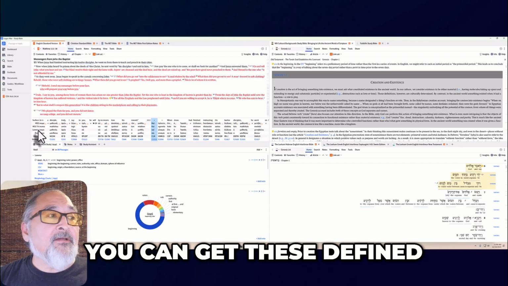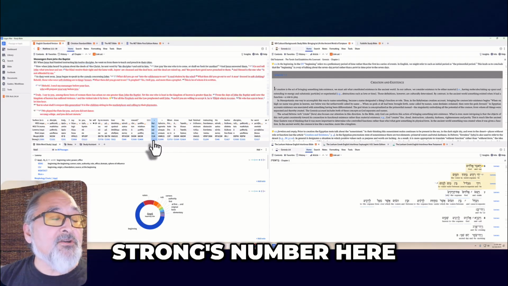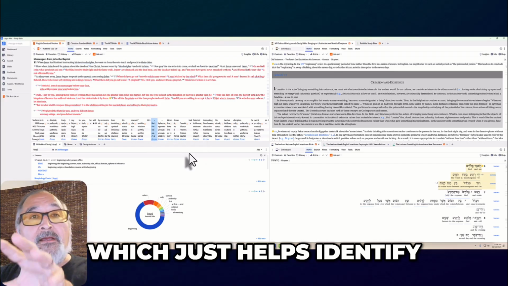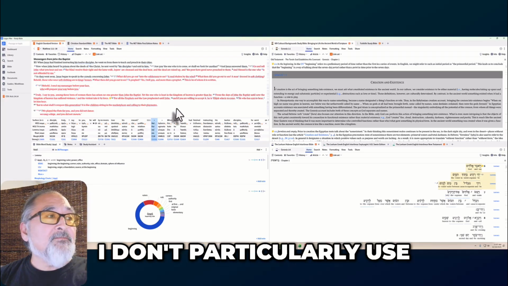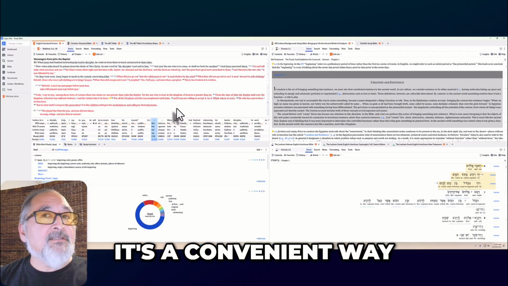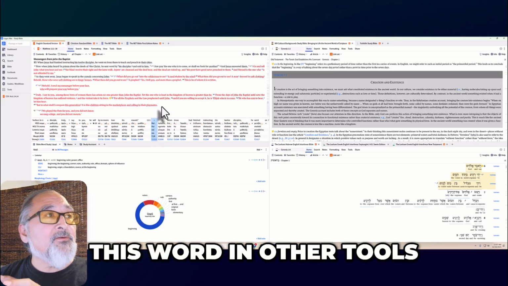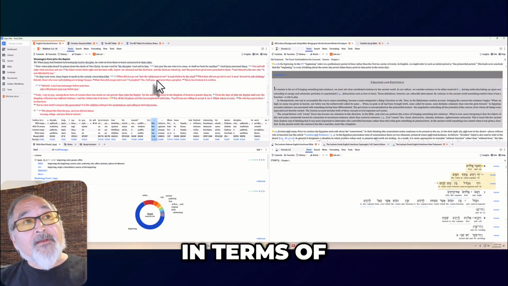You can get these defined, what the lemma, the root, the morphology is. It gives you a Strong's number here, which just helps identify it in other tools within Logos. I don't particularly use Strong's concordances themselves, but it's a convenient way of finding this word in other tools. So that's what I use in terms of the Bibles.